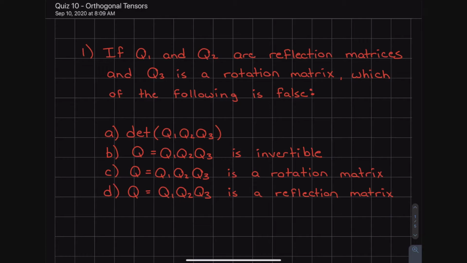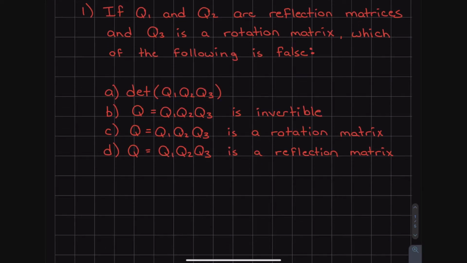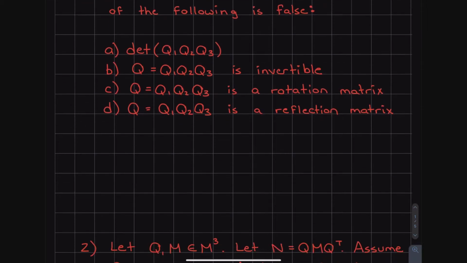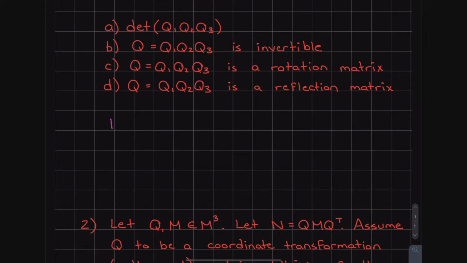So if we look at question 1, it says if Q1 and Q2 are reflection matrices and Q3 is a rotation matrix, which of the following is false? So the first thing that we're going to have to recall is that determinant thing that we discussed before. So if Q1 and Q2 are reflection matrices, well, then we know that the determinant of Q1 is going to be equal to the determinant of Q2, because remember, all these are the same if they're orthogonal, and this is going to be equal to negative 1.